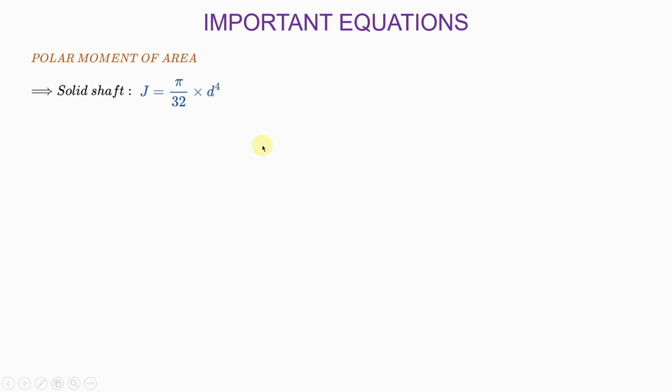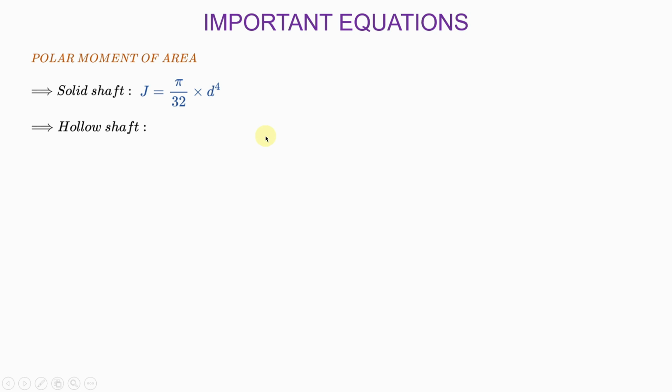D in this equation is the outer diameter of the shaft. So the polar moment of area J is equal to pi over 32 multiplied by d raised to the power of 4. This is the equation when you're dealing with a solid shaft.